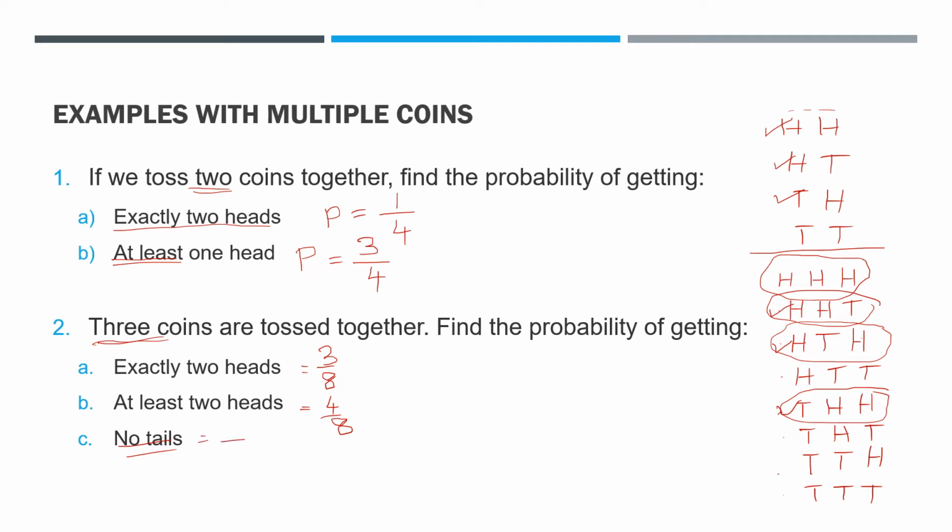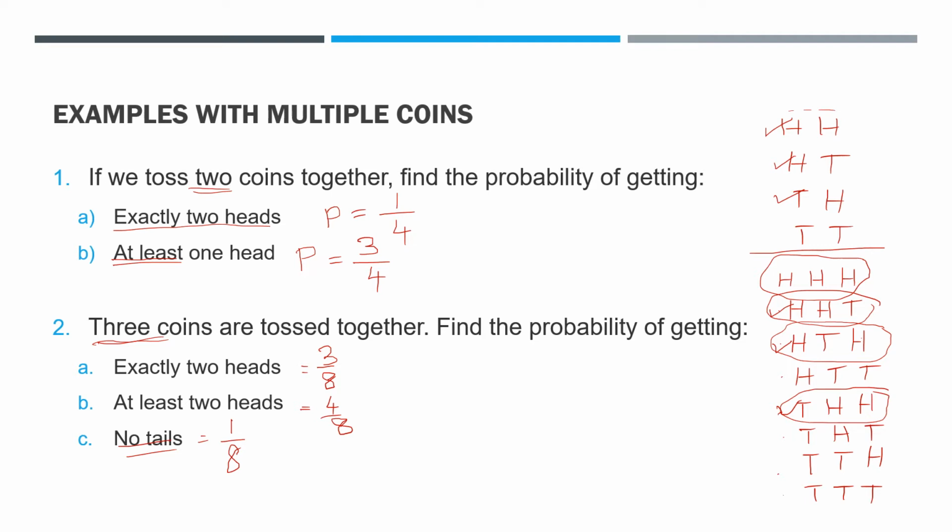Out of 8 possible outcomes, one outcome has all heads, in other words, no tails. 1 over 8. Good. So what did we do here? We solved 5 problems altogether with multiple coins, tossing multiple coins.